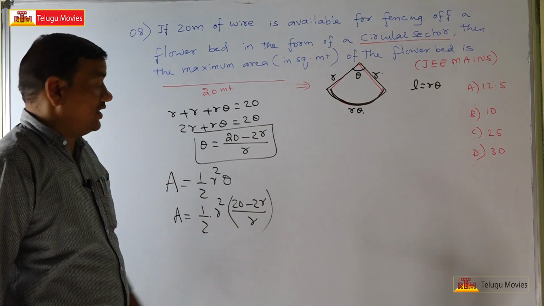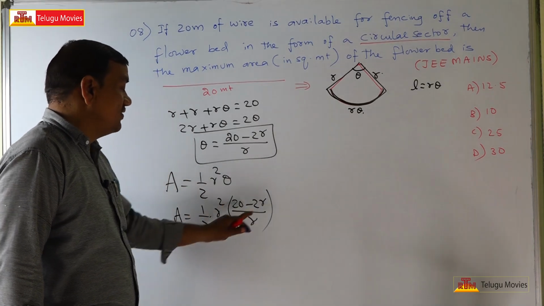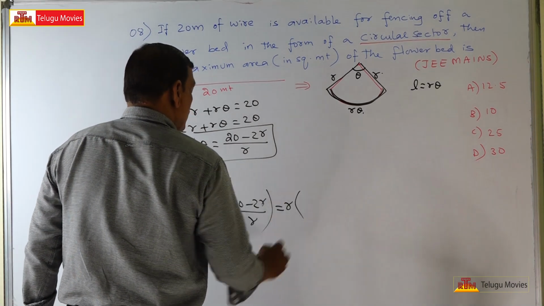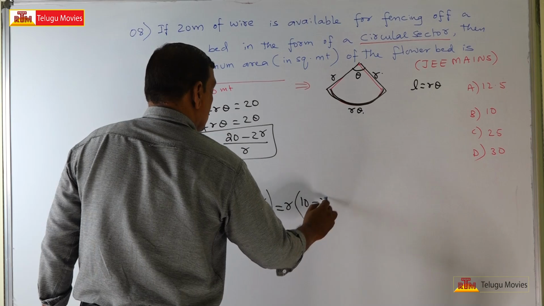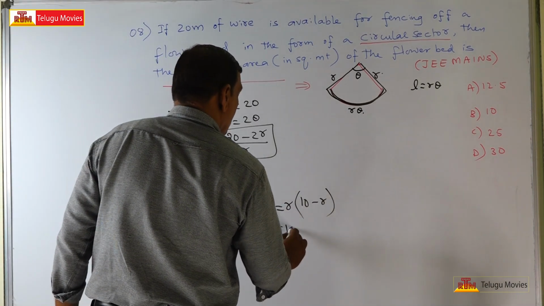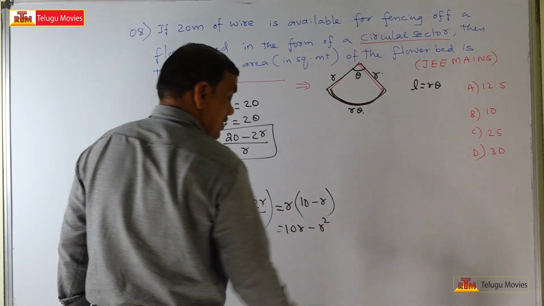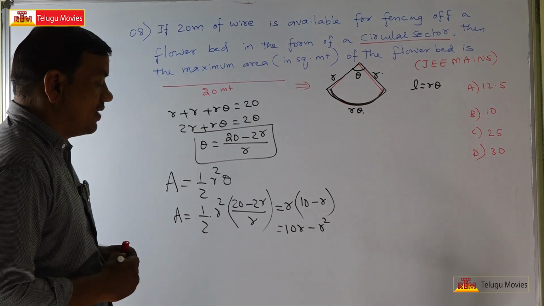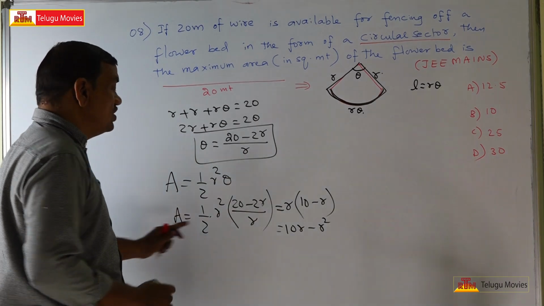So one r will get cancelled, and from this 2 also gets cancelled. You will get r times 10 minus r, which is equal to 10r minus r square. So this is your expression.